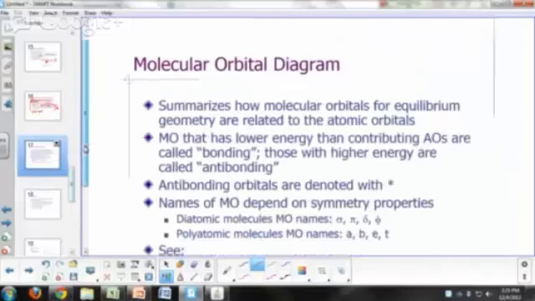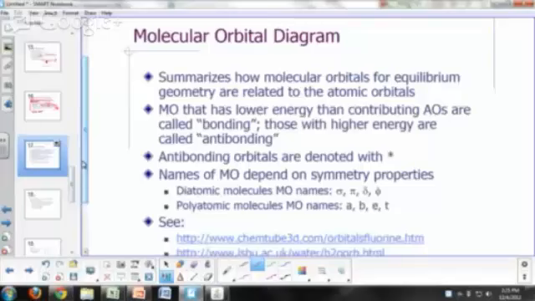A molecular orbital diagram summarizes how the molecular orbitals for the equilibrium geometry are related to the atomic orbitals. So you can set up a diagram that allows you to visualize where the molecular orbitals come from, which atomic orbitals you got those molecular orbitals from. It's a good way for us to visualize what's going on when atoms form molecules.